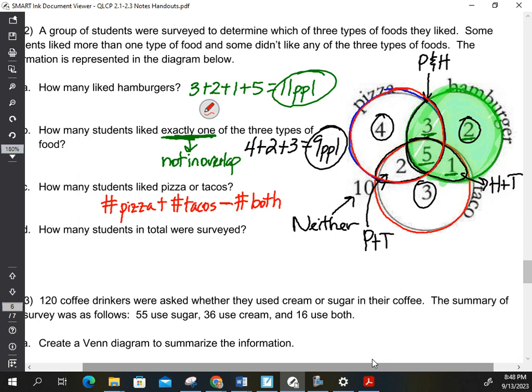So pizza by itself was 4, 3, 5, and 2. 4 plus 3 plus 5 plus 2, 4, 6, 9, 14. Then you need tacos. So we're going to put that in blue. I'm going to circle that in blue. 2, 5, 1, and 3. 2, 5, 1, and 3 is 11.